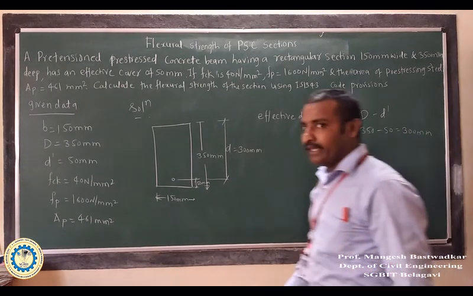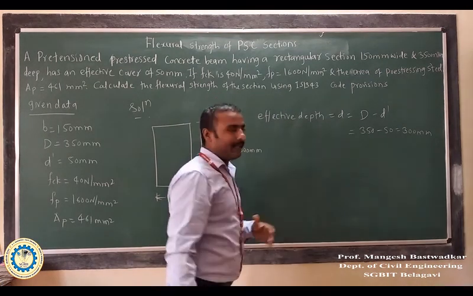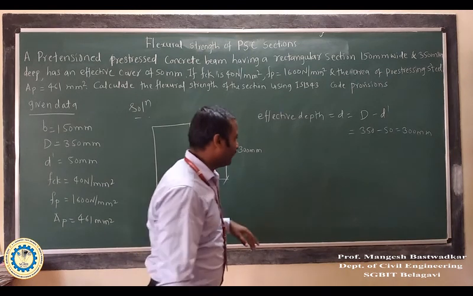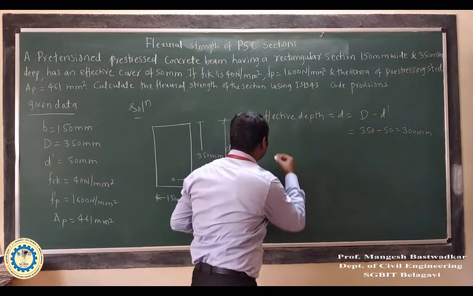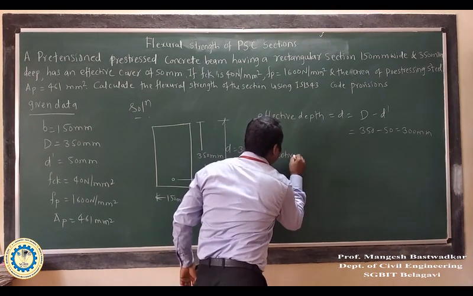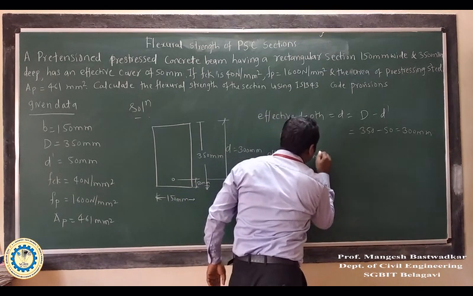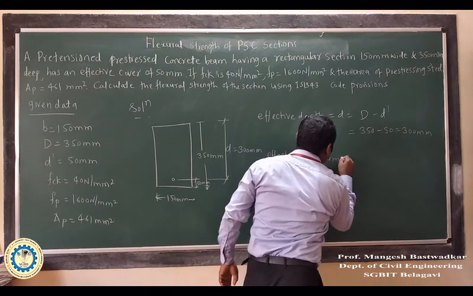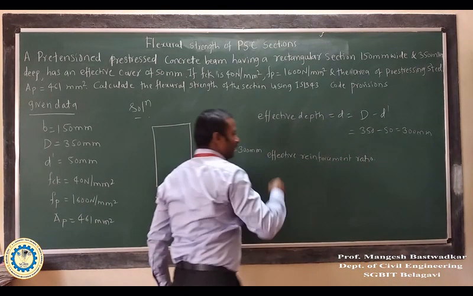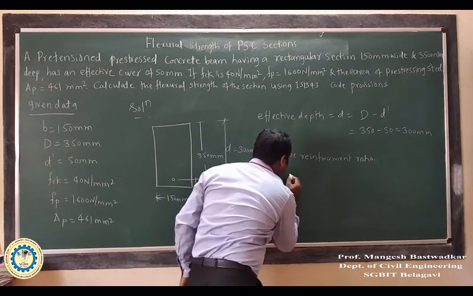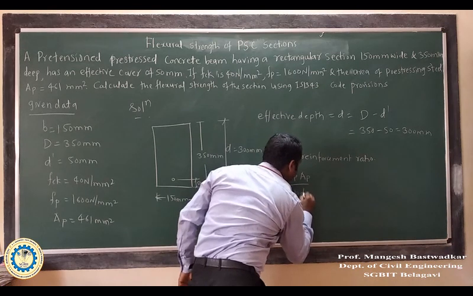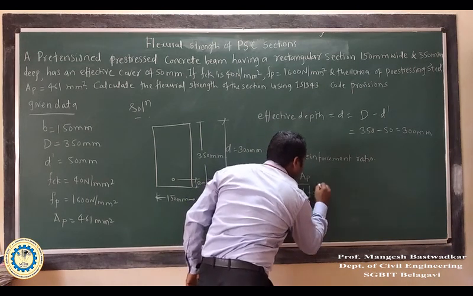Next, we need to calculate the effective reinforcement ratio. Why we need to calculate it, we will come to know later. So the effective reinforcement ratio is fp into Ap divided by b into d into fck.